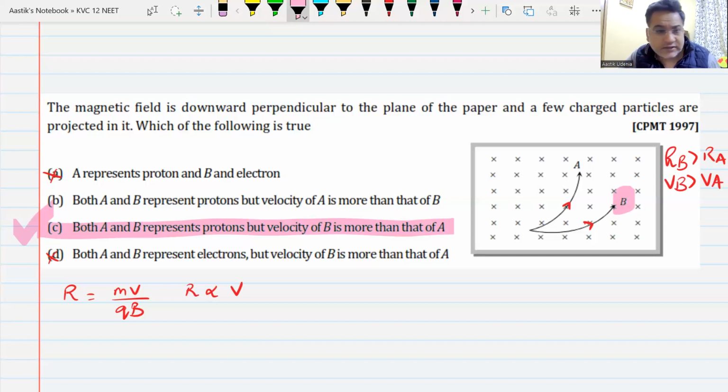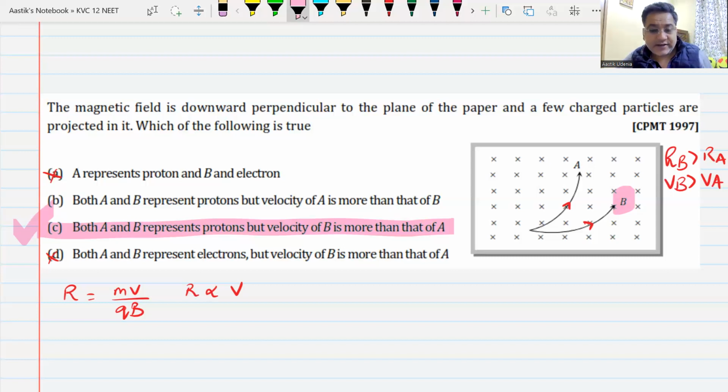That takes us to the end of this class. In this class, we have covered all the types of questions that were possible in your magnetic force and motion of a charged particle in a magnetic field. Remember, when the angle is 0 or 180 degrees, the force is 0, there is no force acting, and the particle will continue its original motion.